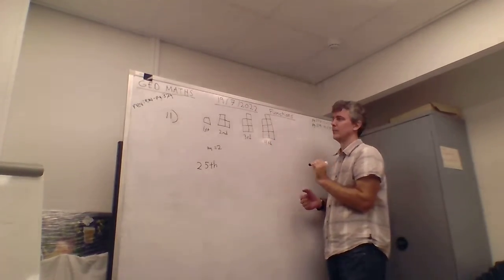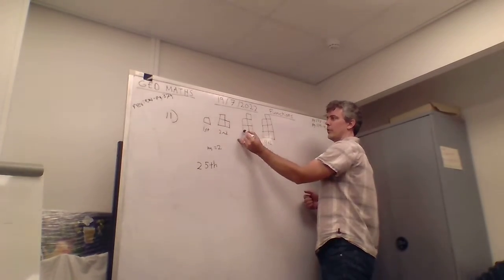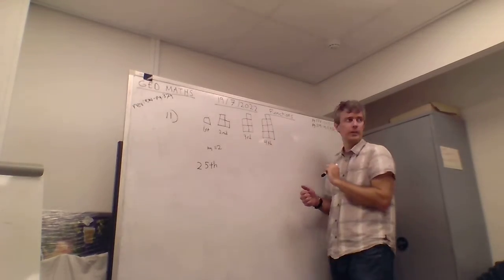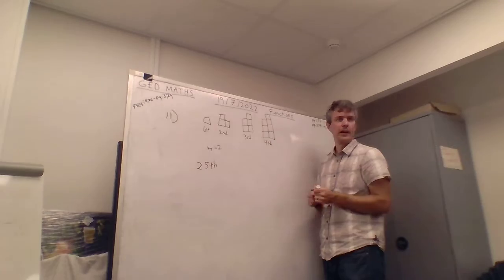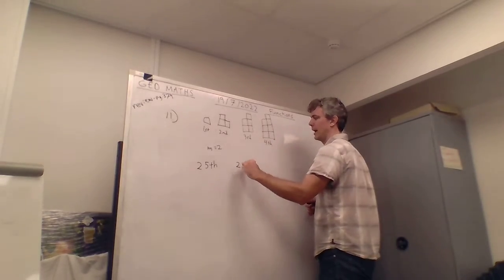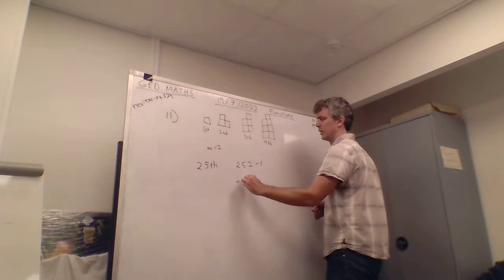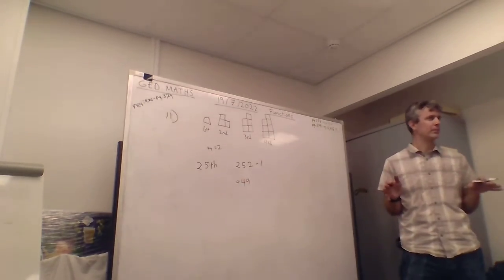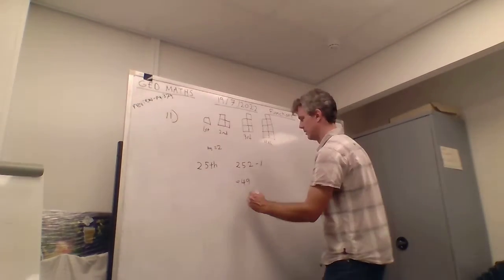So 2 doubled is 4, minus 1 is 3. 3 doubled is 6, minus 1 is 5. 4 doubled is 8, minus 1 is 7. So we double this minus 1. So 25 times 2 minus 1 will give us 49. You saw the pattern, right? What is that one? D.